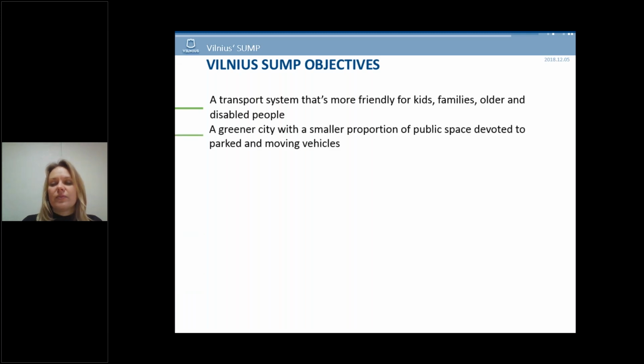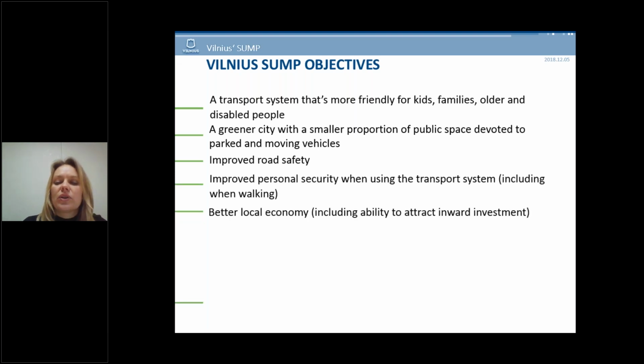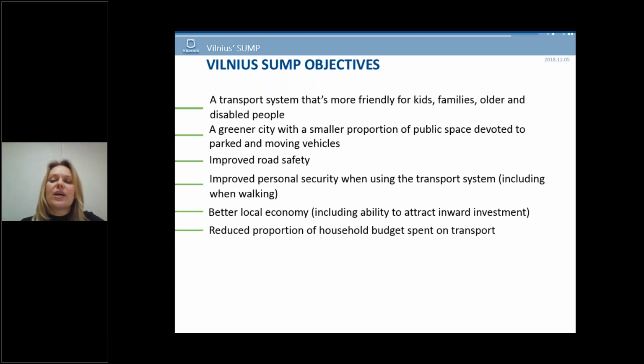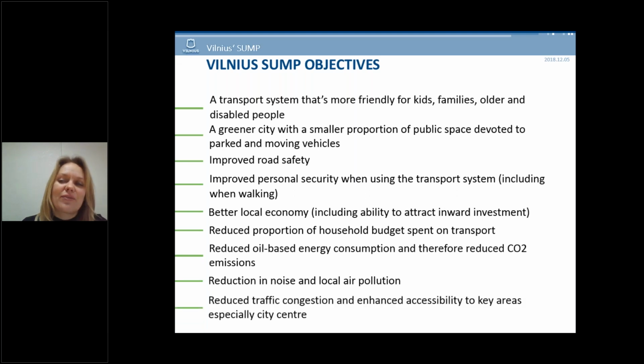So, I probably won't get into the details about each objective or each goal, how they were laid out into the real measures, because they are not very different, I think, from any city. We just believe the transport system must be friendly for families.